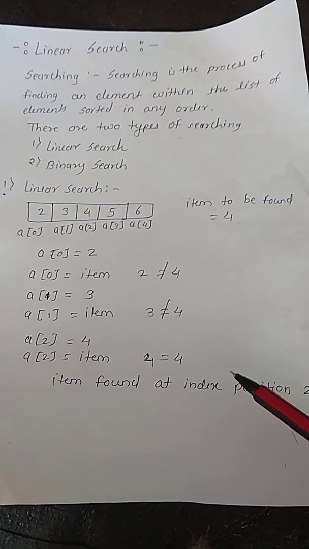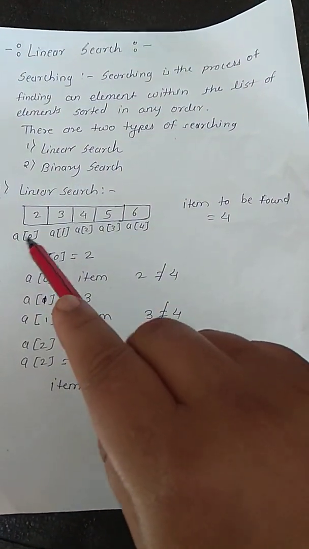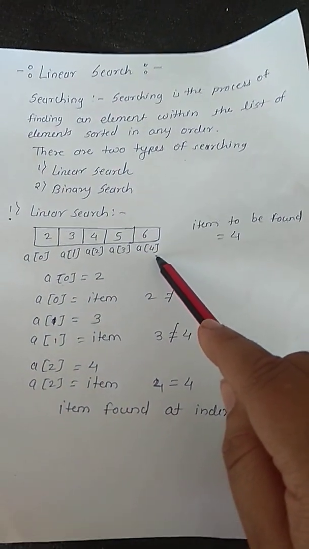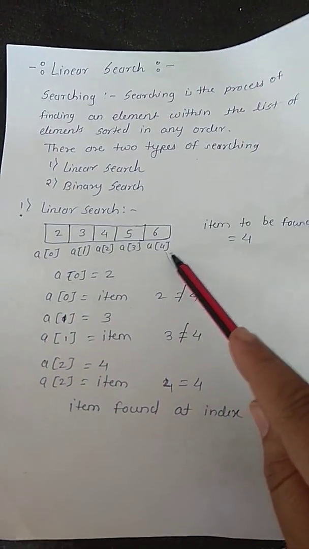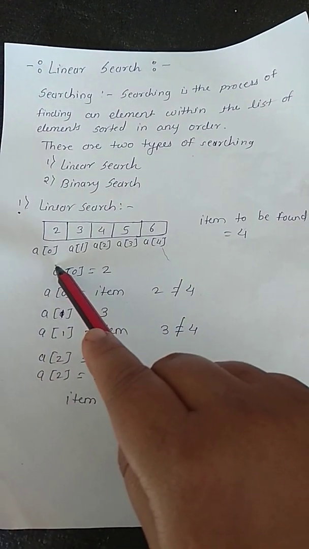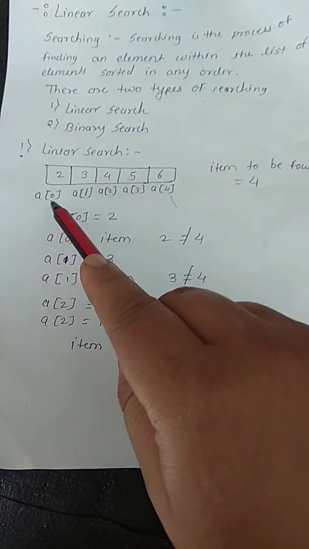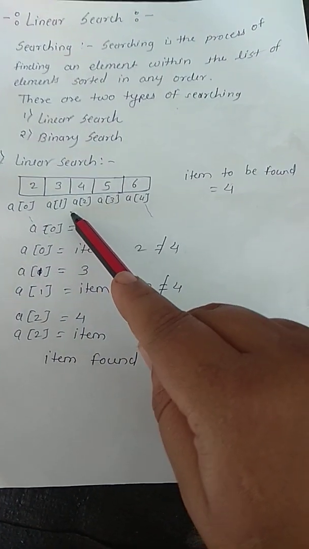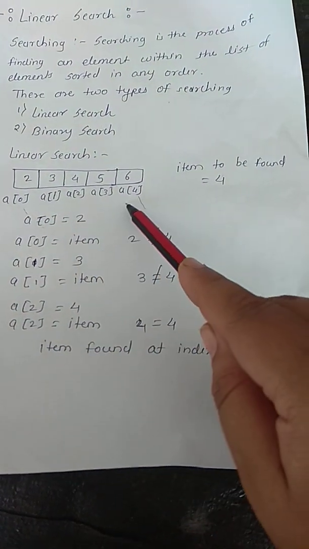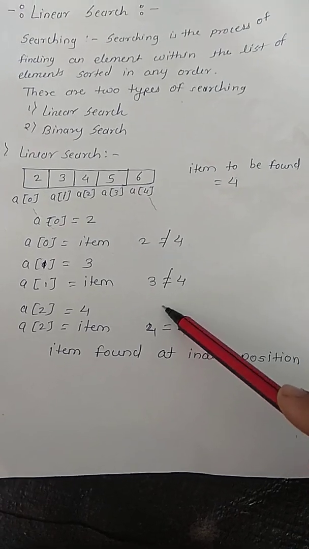I will repeat the concept. We take index positions from a of 0 and go till a of n. Every time we compare the item with the element at each position, starting from a of 0, then a of 1, and so on, until we get a match.